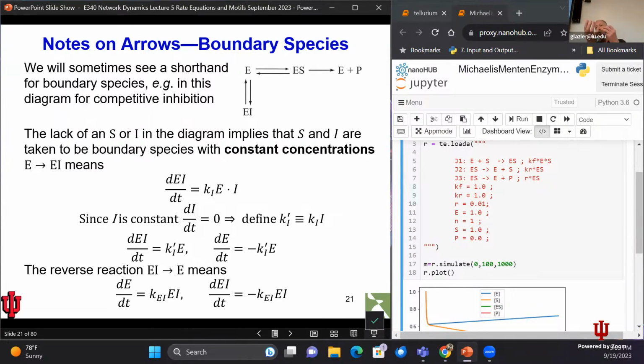I can have a molecule that binds to that receptor but doesn't trigger the signal on the other side. And basically that's clogging up my signaling pathway so that I don't get the signal. There are a fair number of anti-cancer drugs that work that way. So that kind of competitive inhibition, here it's thought of in enzyme kinetics, but it also shows up in signaling quite a bit as well.